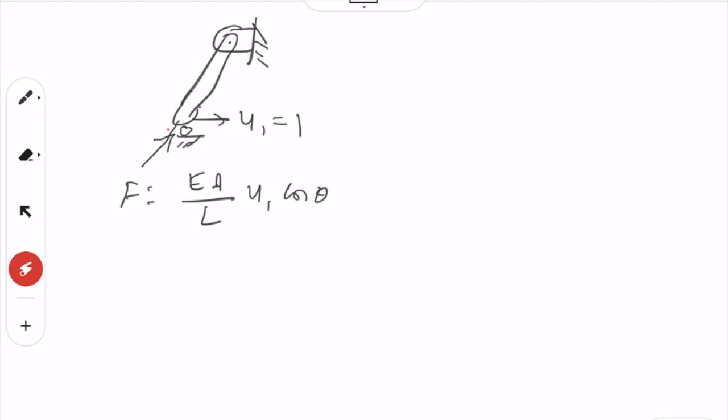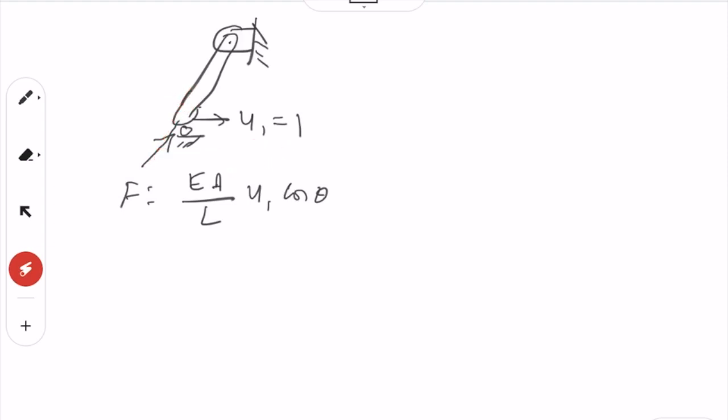Because we have moved like this, the bar has been compressed, and the force needed to compress it is this value. This force will have two components, one in this direction, the other in this direction. What is the component in this direction?